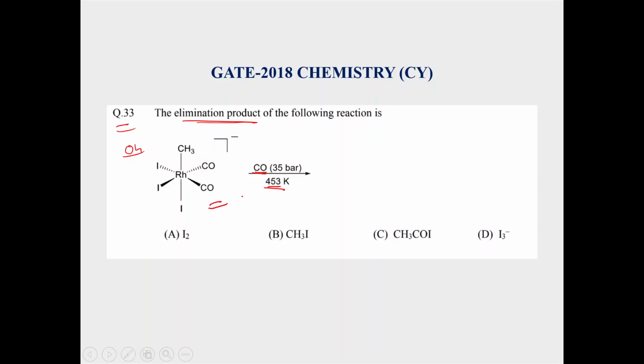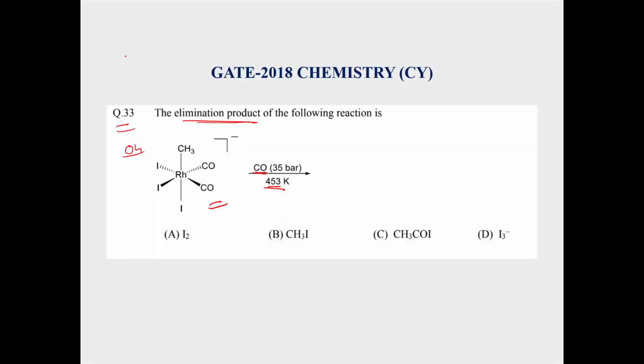Okay, so first of all, let's write this Rh, CH3, I and 2 carbonyl ligands. So what is the total number of valence electrons in this complex? Ma'am, d7? Yeah, rhodium is d, so from there 7 electrons are coming.